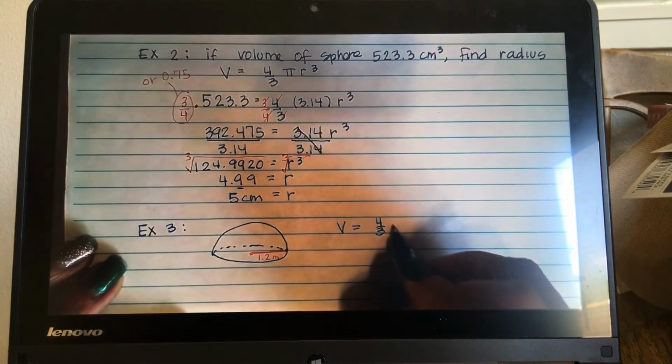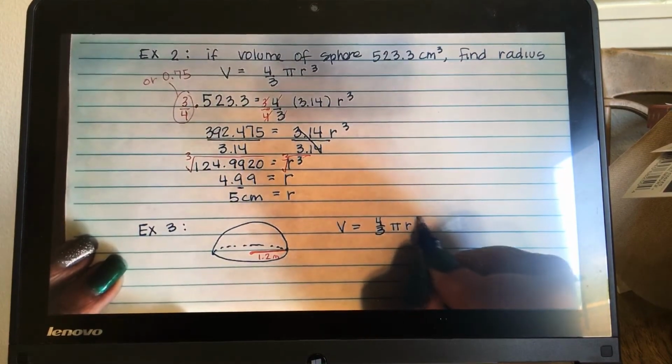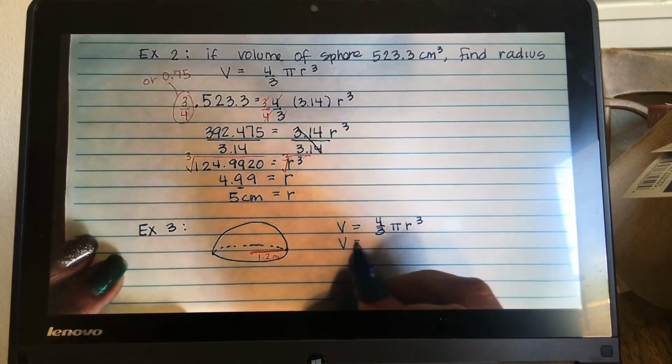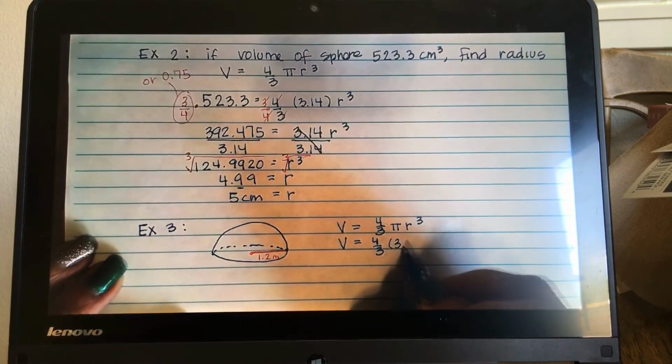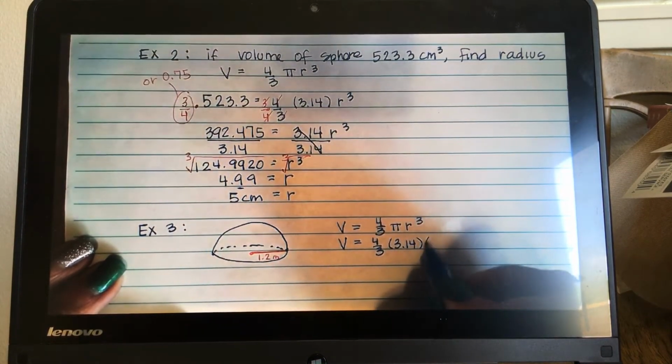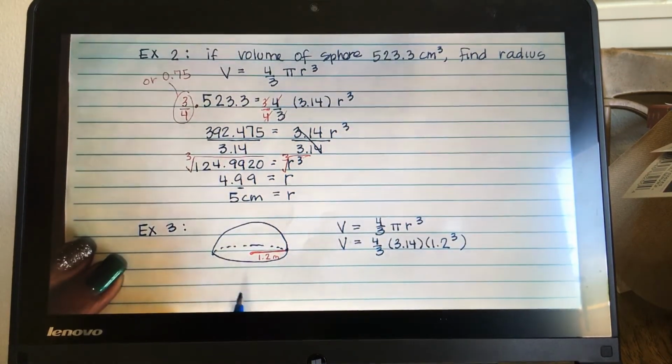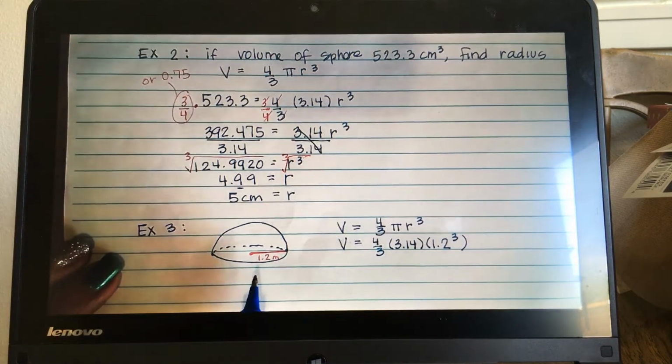So 4/3 pi r cubed. Pi is 3.14. The radius is 1.2. That's cubed. Now remember that this is not a full sphere.